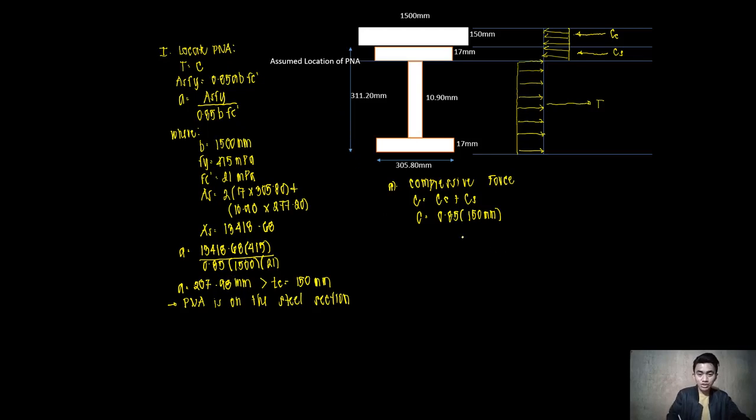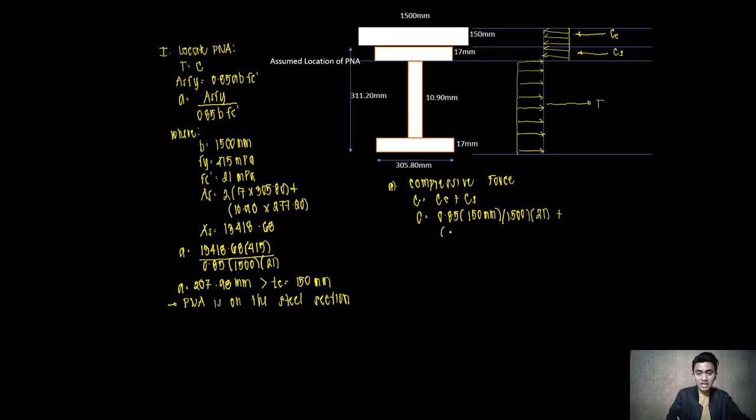Continuing with our solution, that is a times b, which is 1,500 millimeter, multiplied by Fc prime, which is equal to 21 megapascal, plus the compressive force caused by the topmost flange of our steel section.